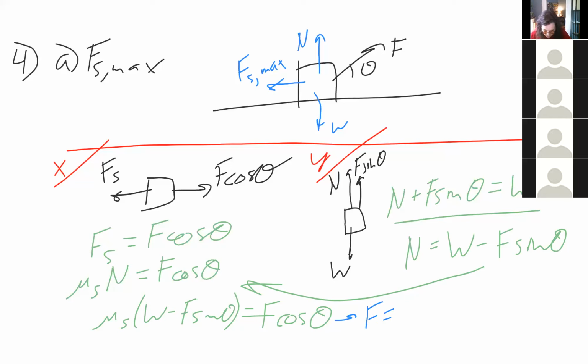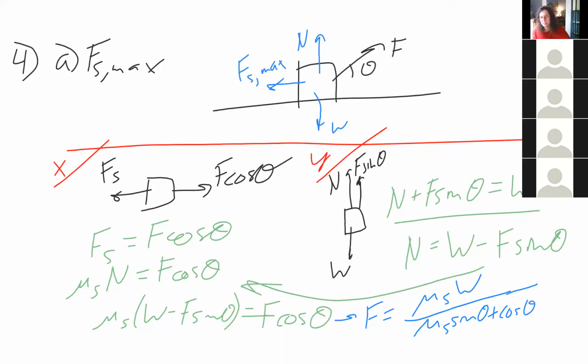F is equal to, let's see if I can get this right, mu sub S times the weight over mu sub S sine of theta plus cosine of theta.